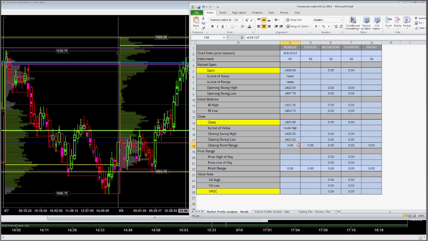And I want to see if, again, that next morning, do I have the same kind of conviction level based on where price opens? Because if we had a big sell-off at the end of the day and that closing point range was 5-6 points and price is opening towards the bottom of value, that would tell me the overnight session still is short-minded.